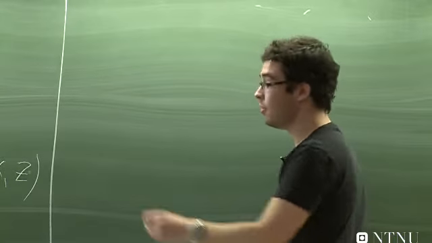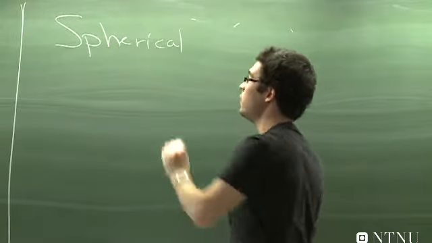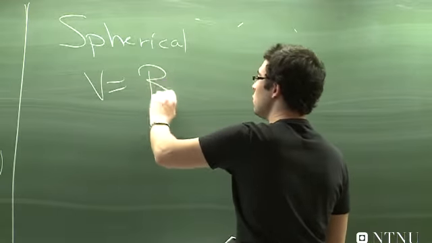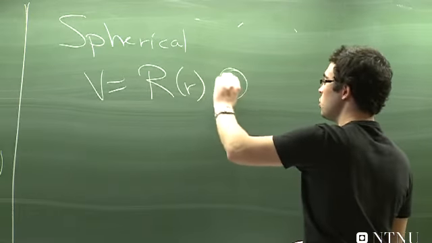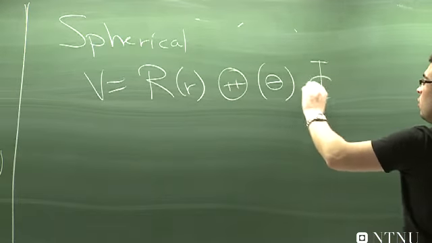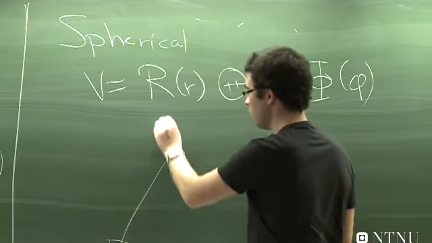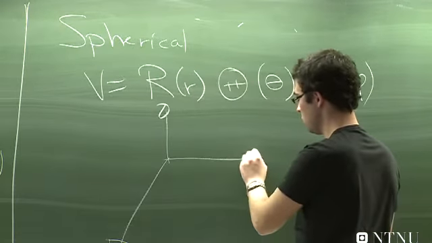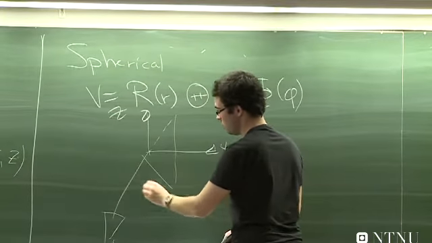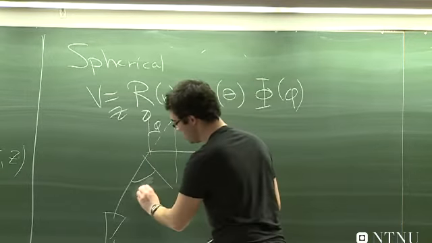Okay? And also in a spherical system, that is, if you have some spherical symmetry, then you can write V as some function of the radius, some function of the angle theta, and some function of the angle phi. So if you recall, you have x, y, z. This is phi.